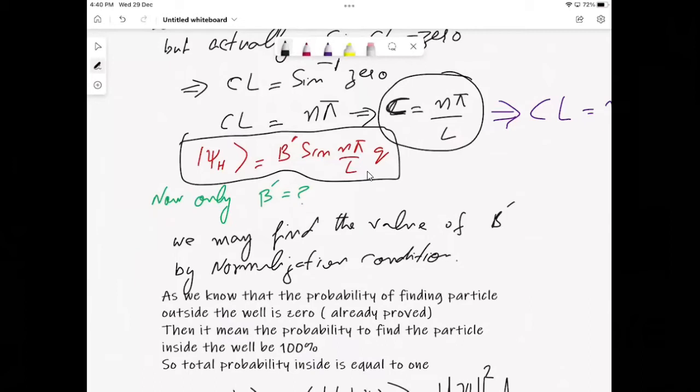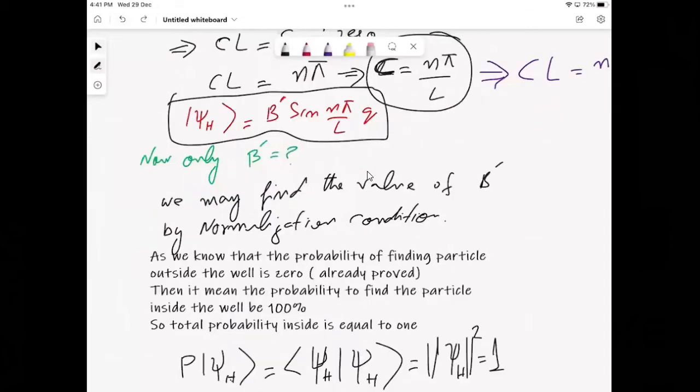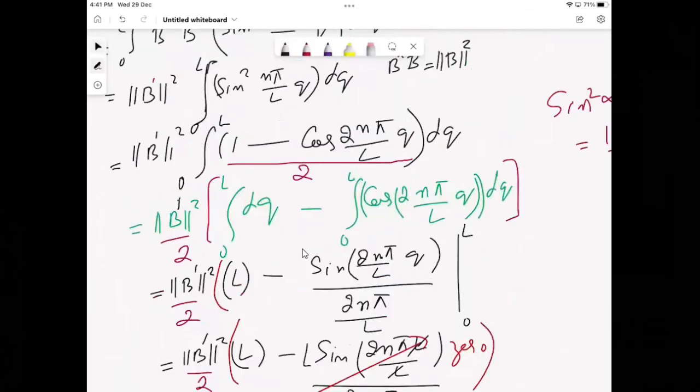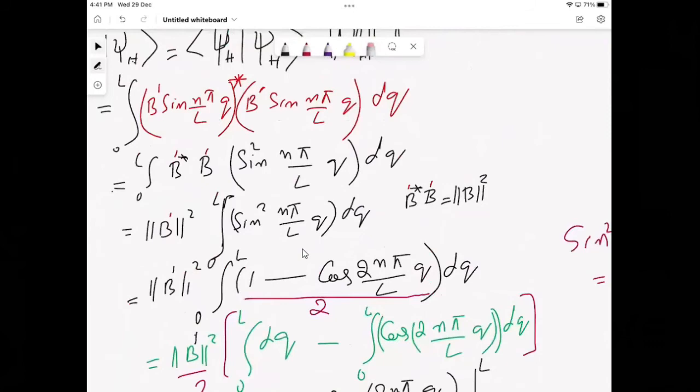So if we put the value of b here, this is actually n pi q over L. Yes, this is not 2 pi, this is n pi q over L. We have put only the value of b prime.